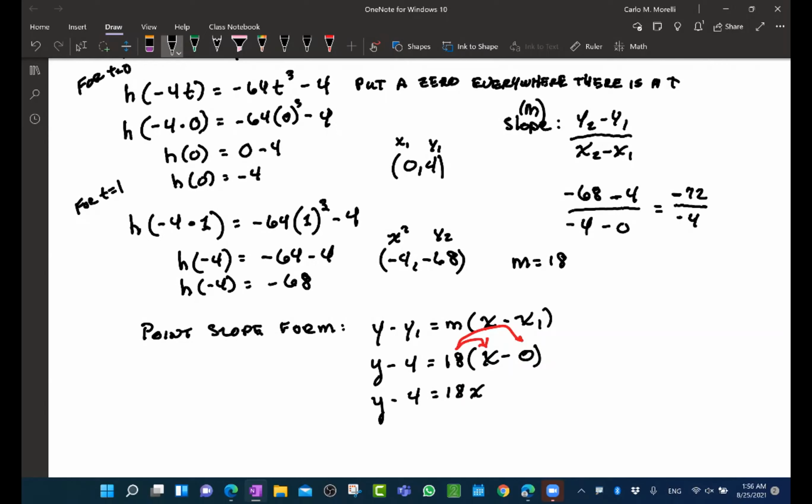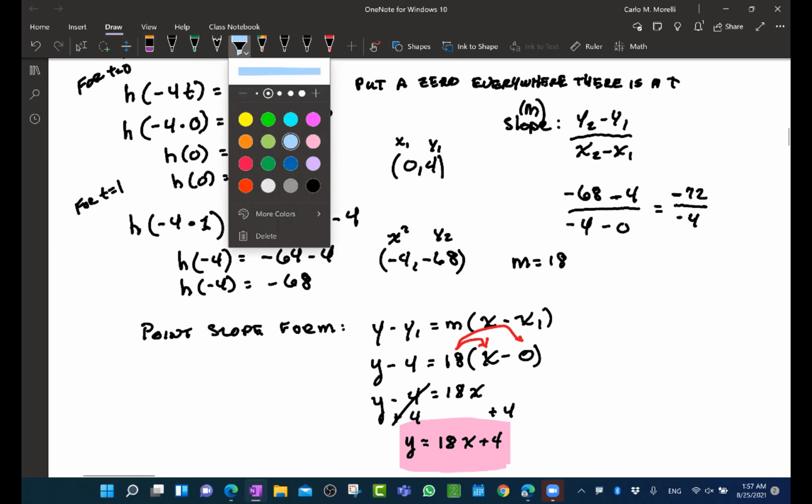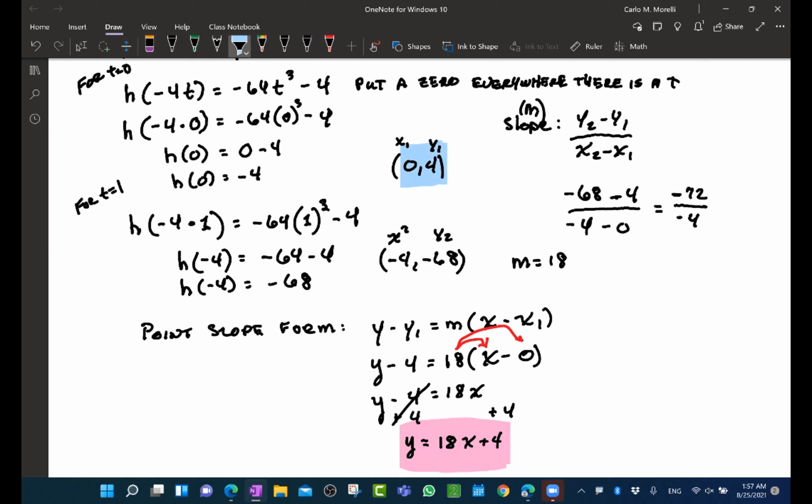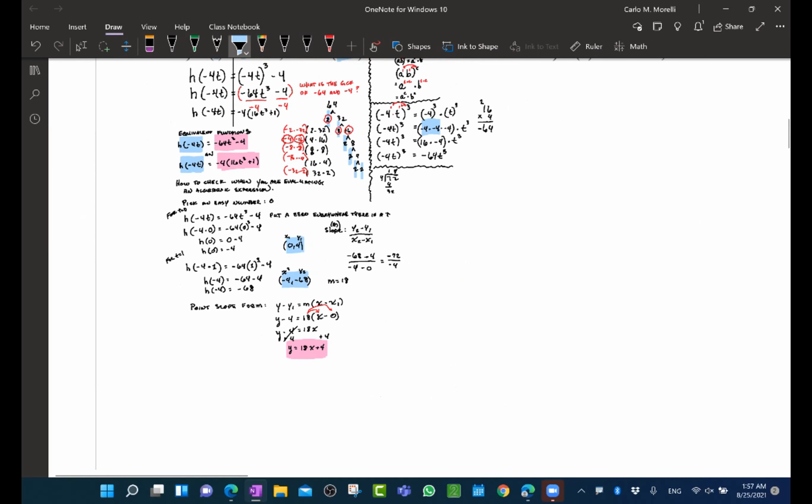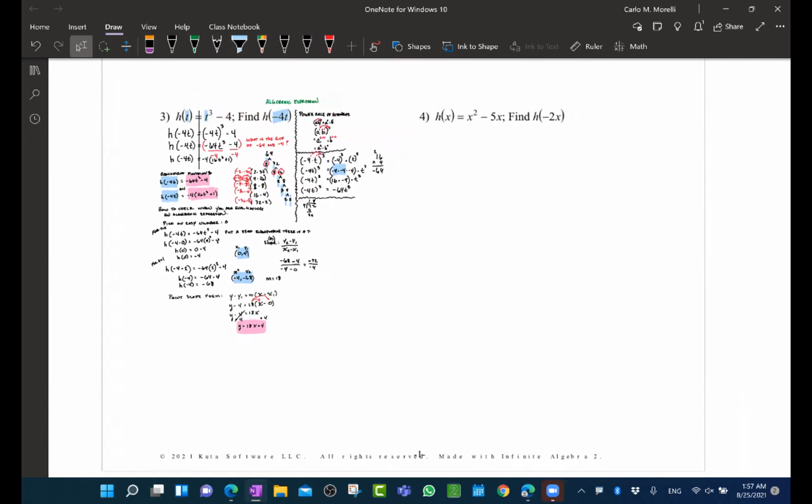To get y by itself, I just add 4 to both sides. So y equals 18x plus 4. So look what I've done: I've created a line. Now what we're suggesting here is that if I were to graph that line in Desmos, both of these points would appear on that line. So let's go see if that is actually true in Desmos. So 18x plus 4.